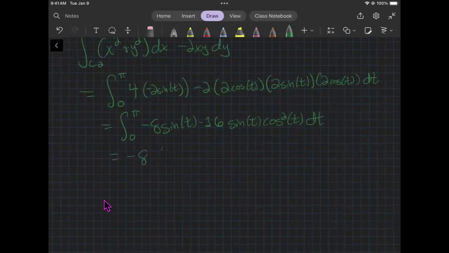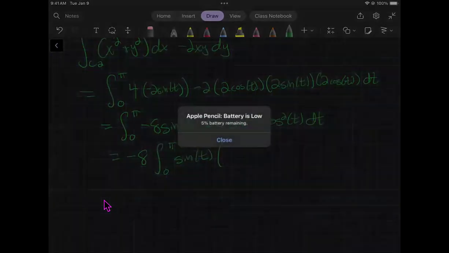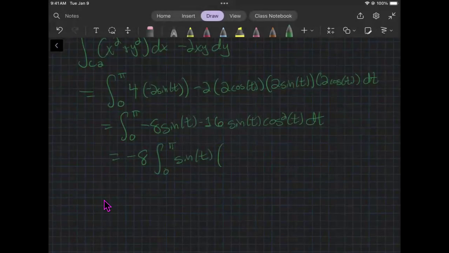I'll have a minus 8 times the integral from 0 to pi of sine t times (1 plus 2 cosine squared t) dt.